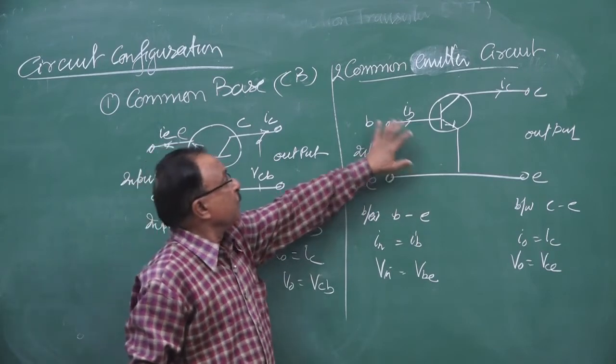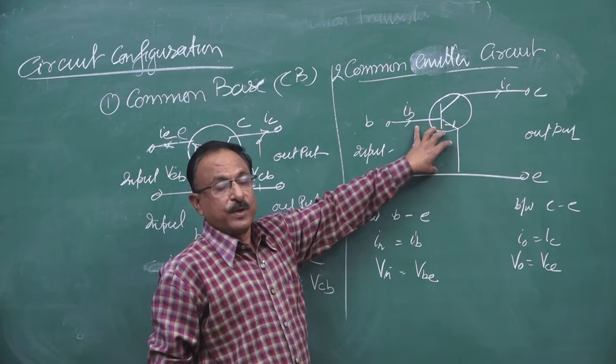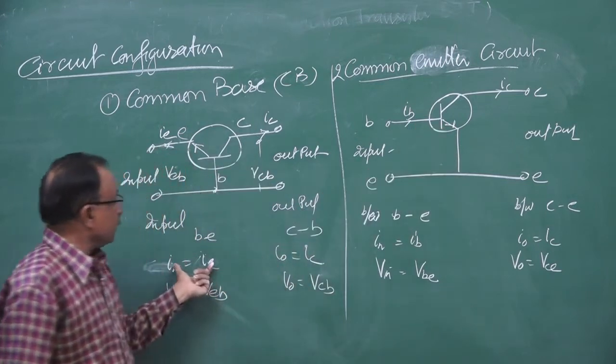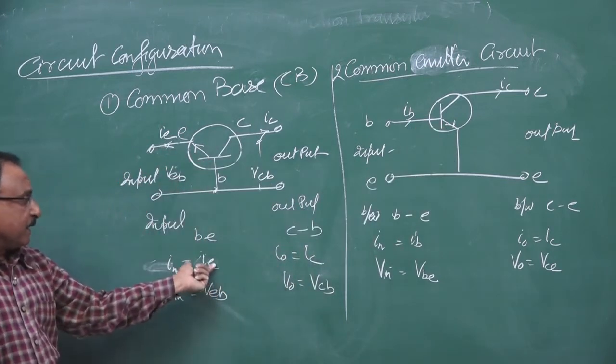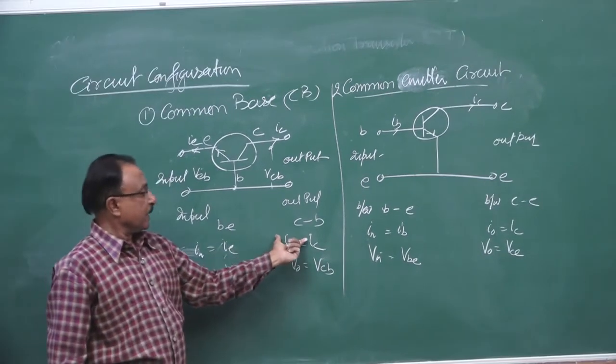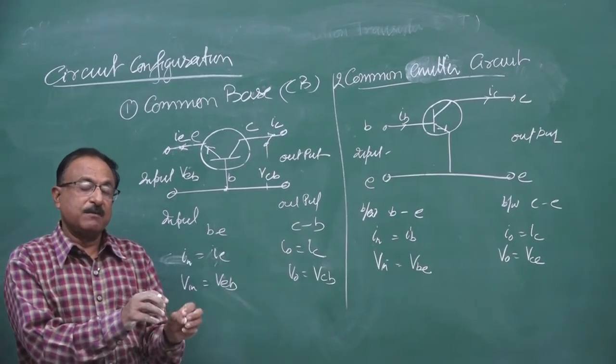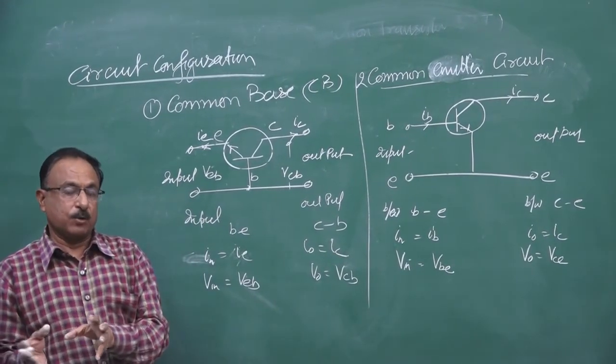Compared to the common base, this circuit has more advantage. In the common base circuit, emitter current, the input current, is 100% and output current is 95%. Out of the 100% that we give in input, we get 95% output.